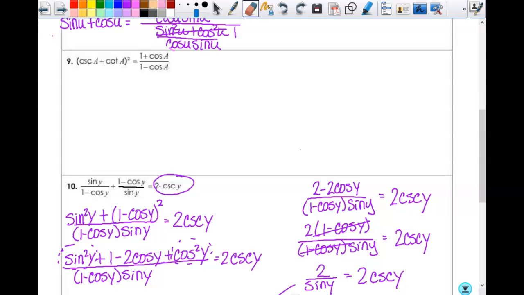We are going to work with the right-hand side, with this being our goal. Okay, so I'm going to rewrite cosecant A plus cotangent A squared. If I want to introduce something, and I already have the cosine there, cosine squared might be nice.